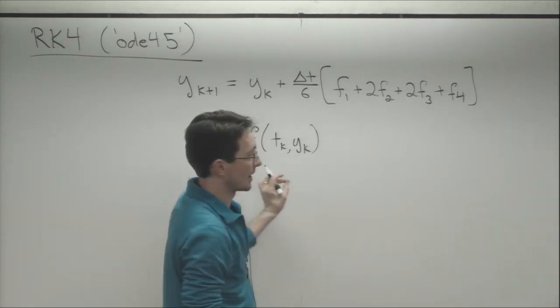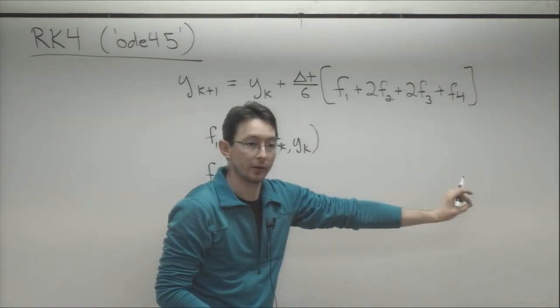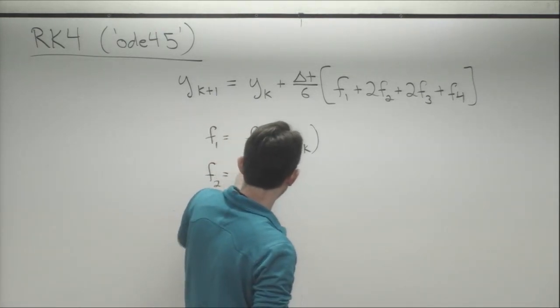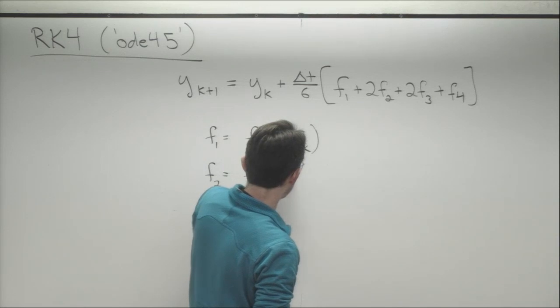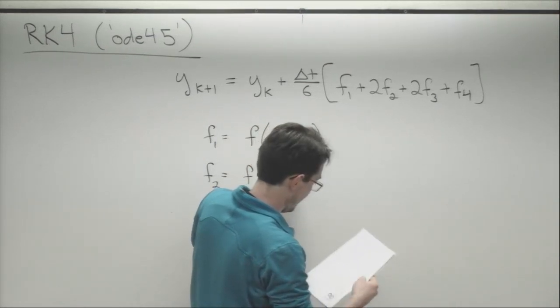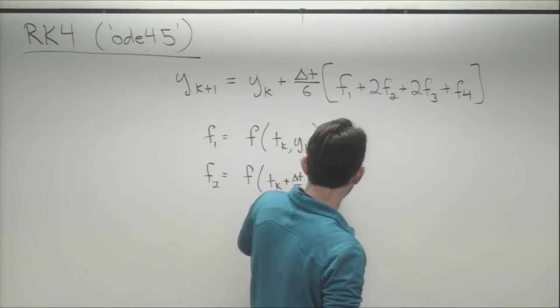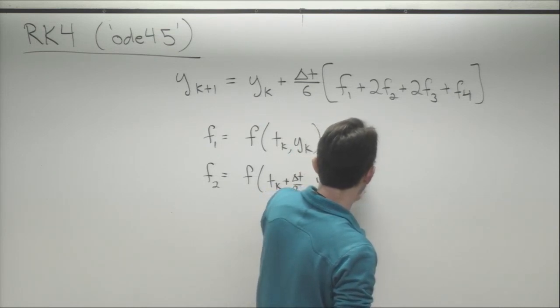f2 is the vector direction a half forward Euler step farther along. So that's f of tk plus delta t over 2 and yk plus delta t over 2 f1.